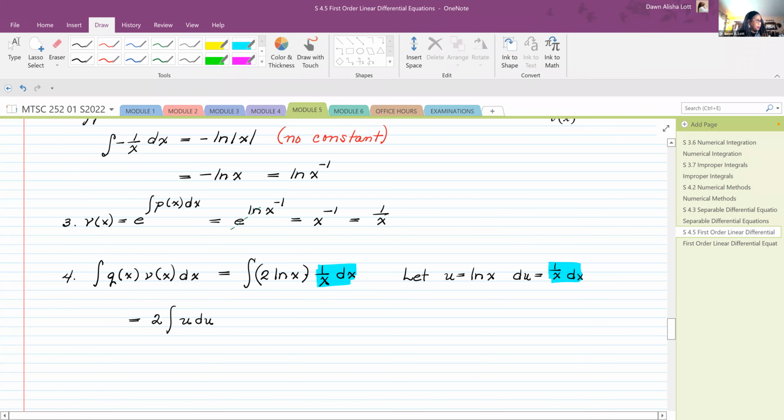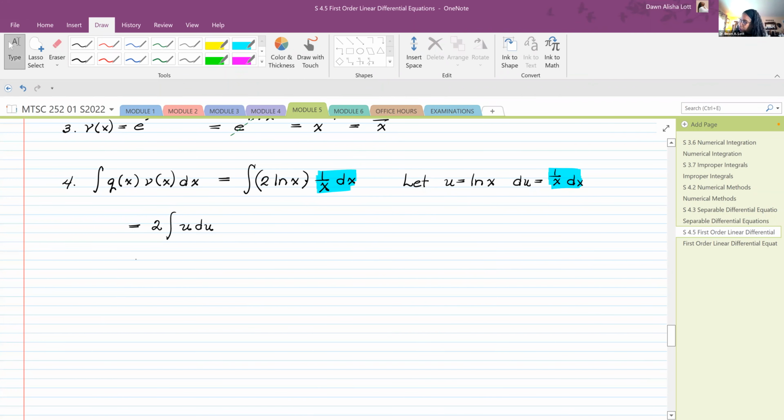Okay, so now we're going to integrate this. We're going to get 2, and then u squared over 2 plus a constant. Now here's where we have to have the constant. So this is u squared plus a constant. So my answer becomes the log of x quantity squared plus c.